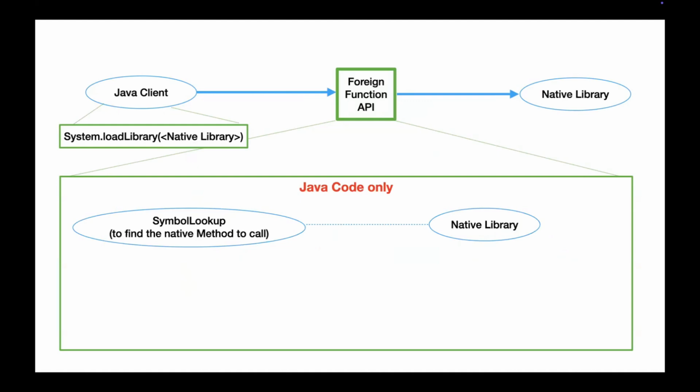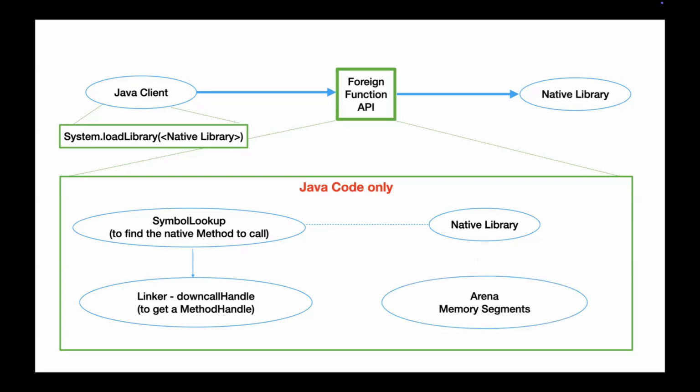And you load this, all inside your Java code. And then you get yourself a so-called downcall handle, a method handle, for the method you want to call inside this native library.